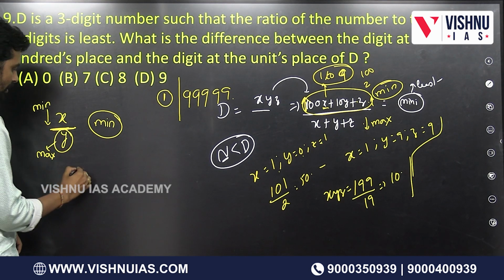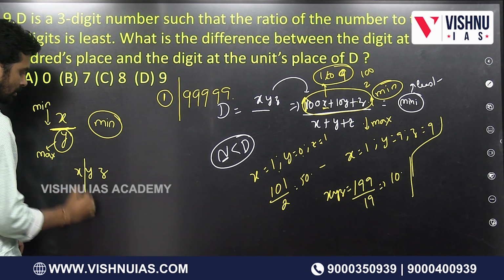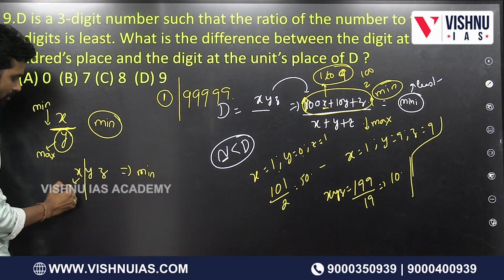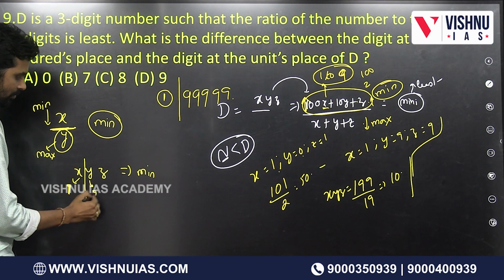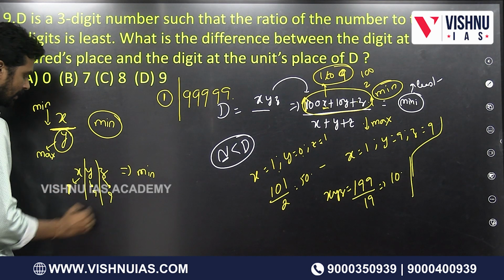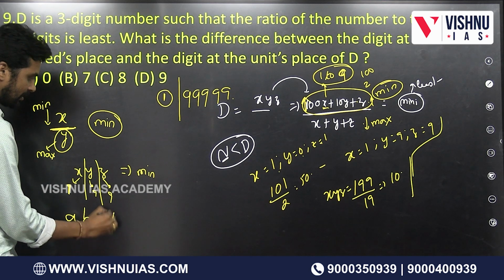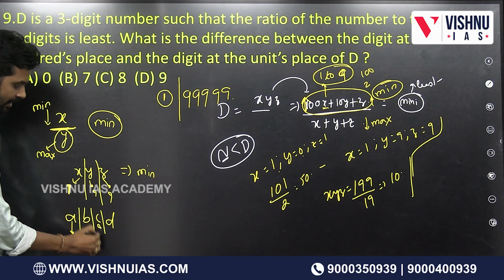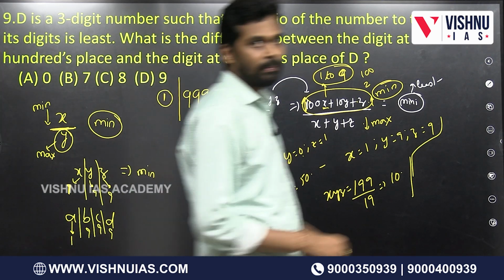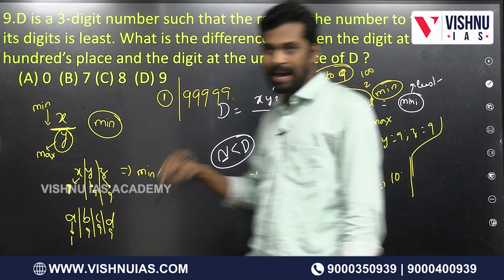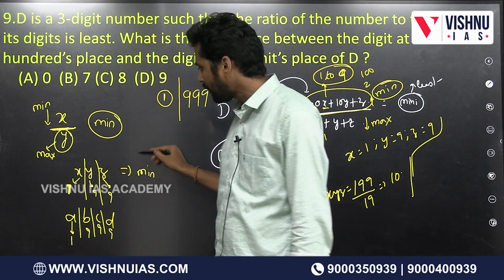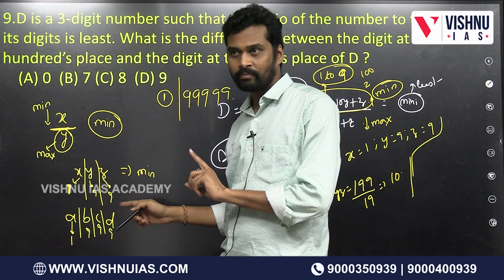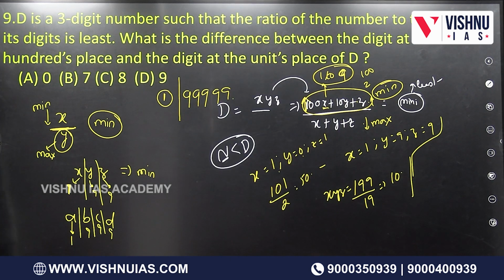Suppose there are numbers like x, y, z; in order to make it the minimum possible value, you take the first digit as 1 and for the rest of the digits we take 9s. Similarly, if you take an a, b, c, d number, you take 1 for the first digit and 9s for the rest. Suppose you are finding the maximum value, then x is taken as 9 and the rest of the values as 1. And this is a difficult question anyway.